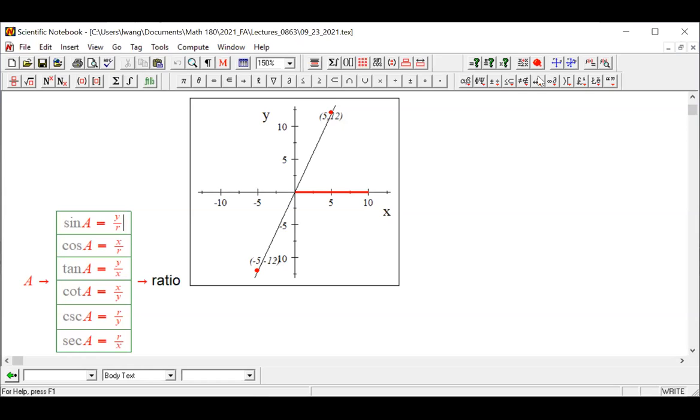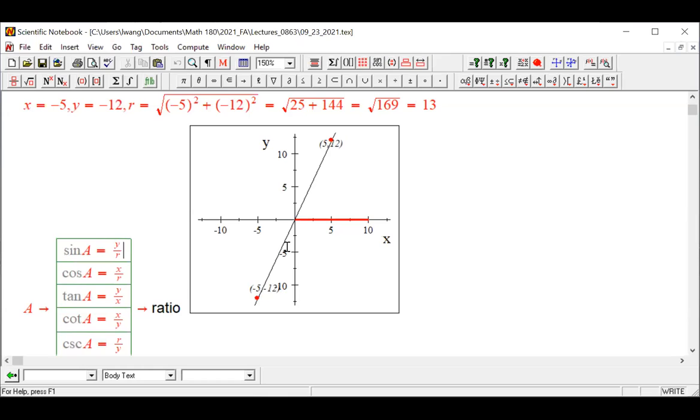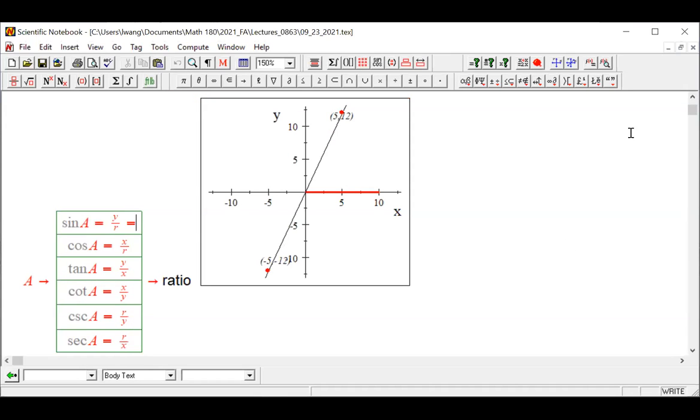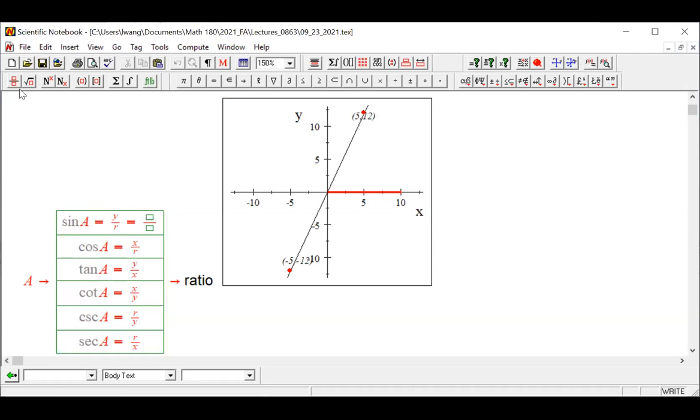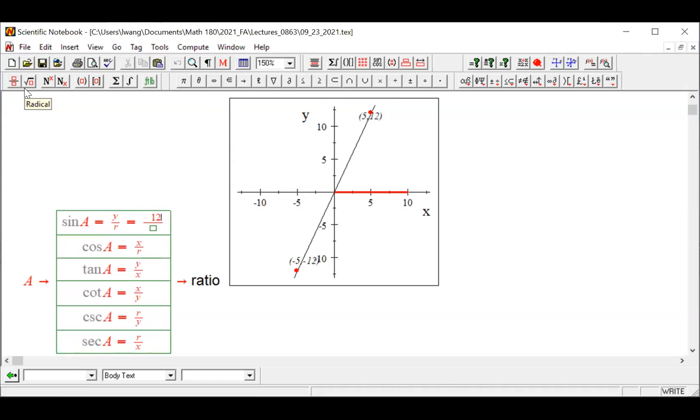And then what you do, you go to the definition, then you're going to do what? Y over R, right? Y over R. Y is what? Y is -12. R is 13.